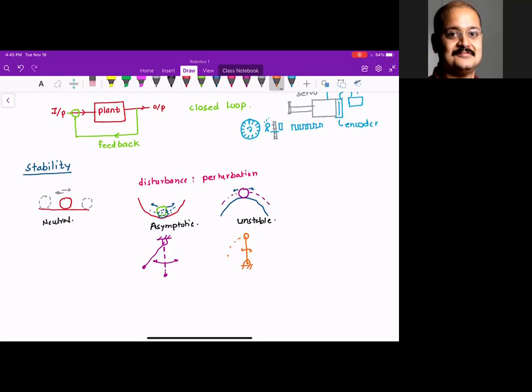So the concept of stability is always associated with returning to the initial position, not returning to the initial position, or finding another equilibrium. I need to write this down. Neutral means finding another equilibrium.